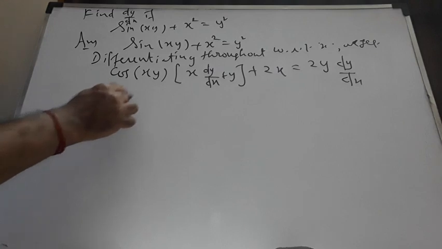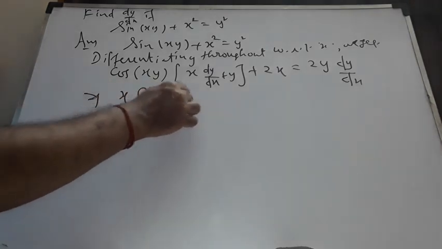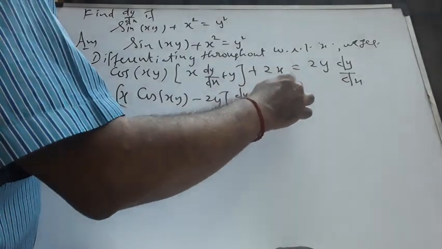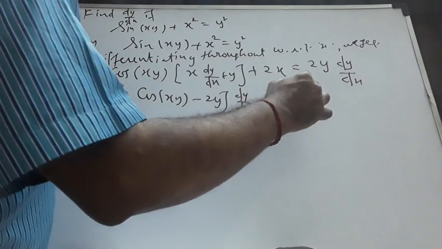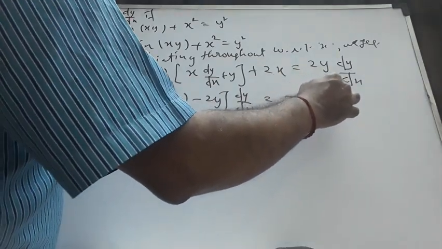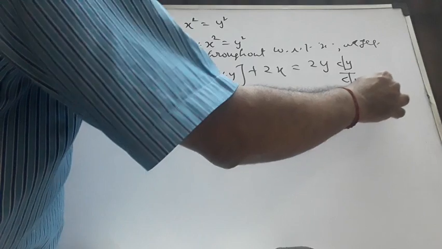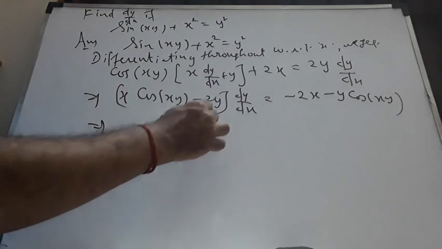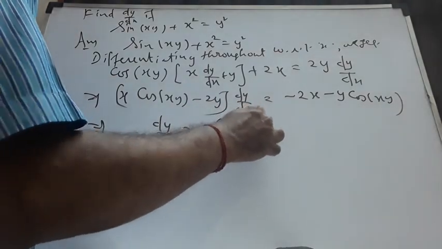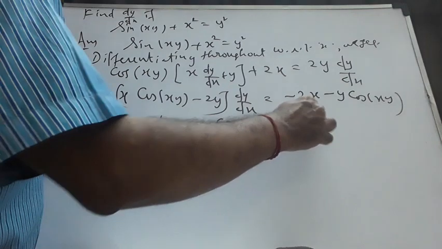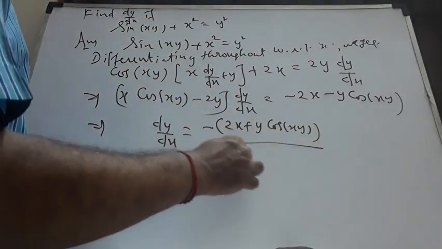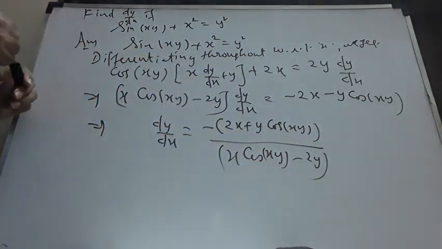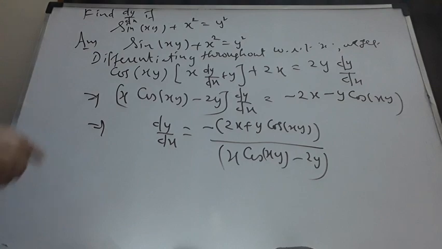Now, which implies x cos of xy minus 2y times dy by dx is equal to minus 2x minus y cos of xy, which will automatically imply dy by dx equal to minus of 2x plus y cos of xy, whole divided by x cos of xy minus 2y.